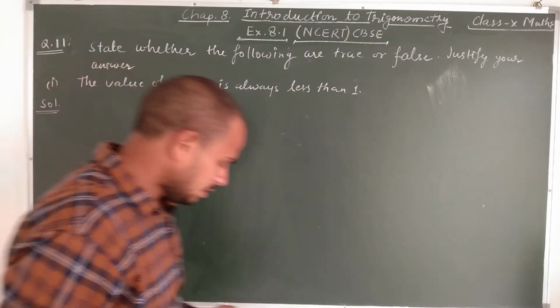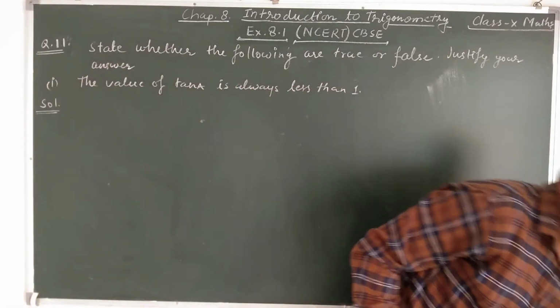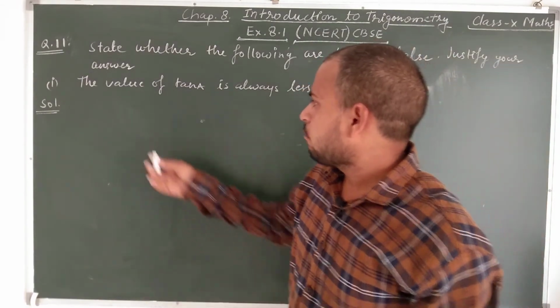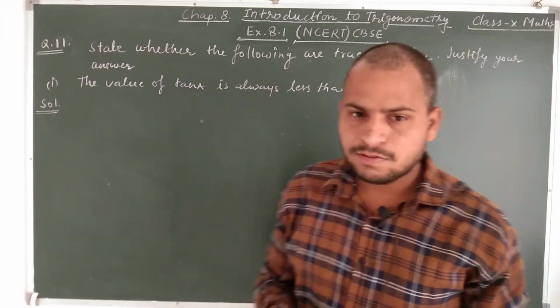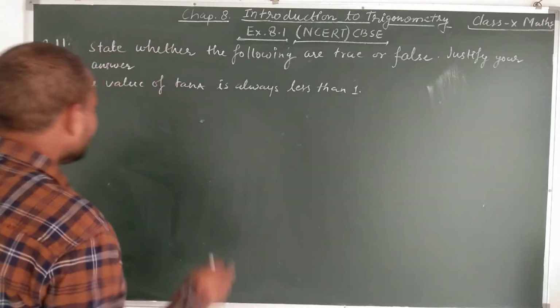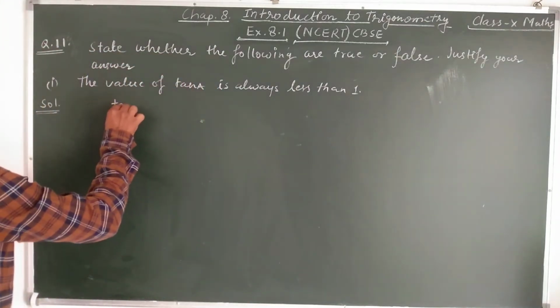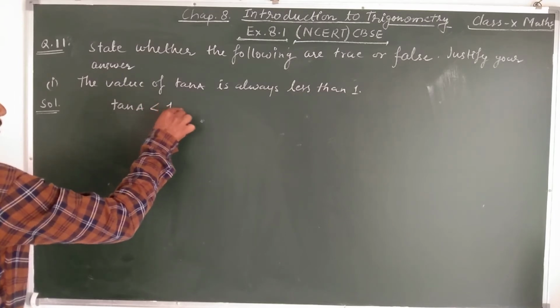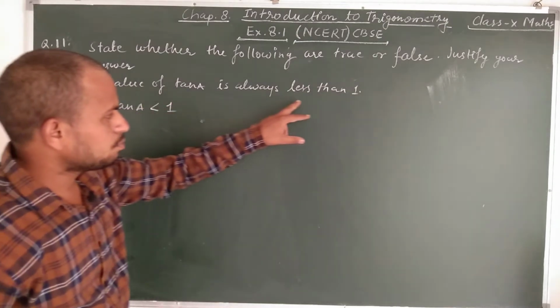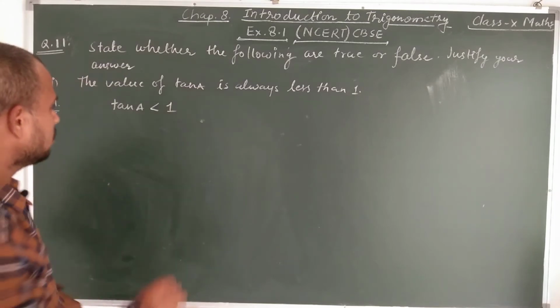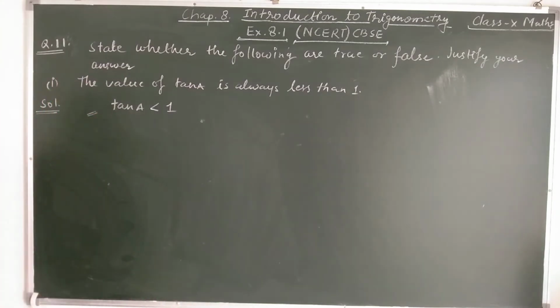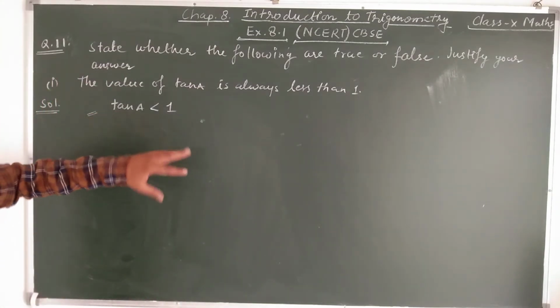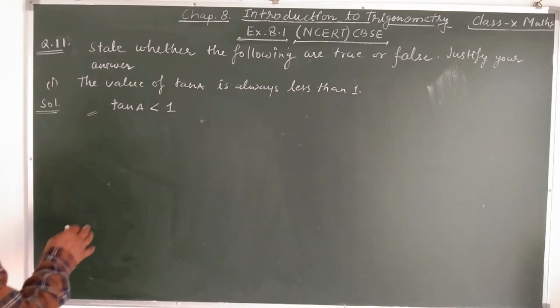The question says that in part 1, the value of tan A is always less than 1. Tan A is always less than 1.